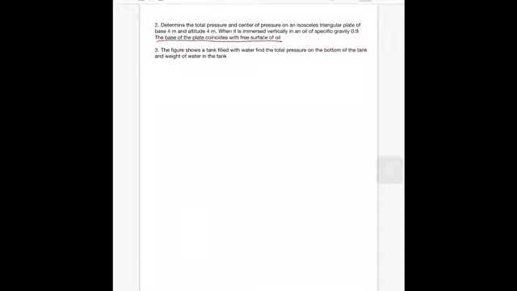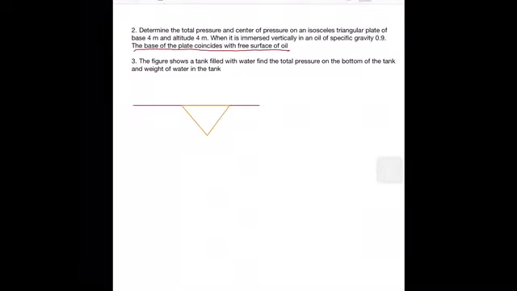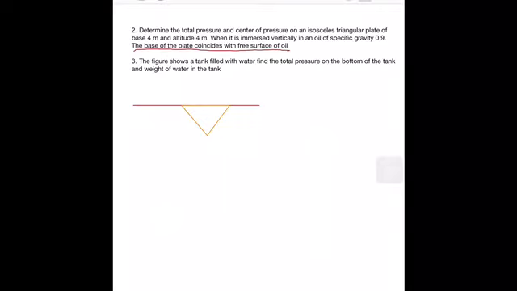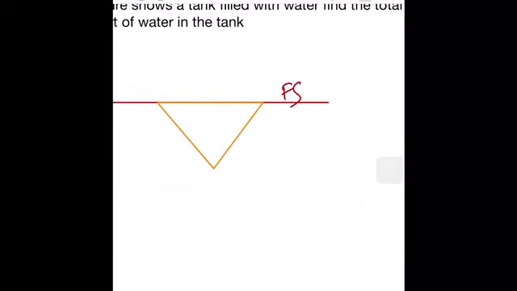Free surface, free surface. Now let's draw the triangle. Free surface. Now let us mark all the dimensions.